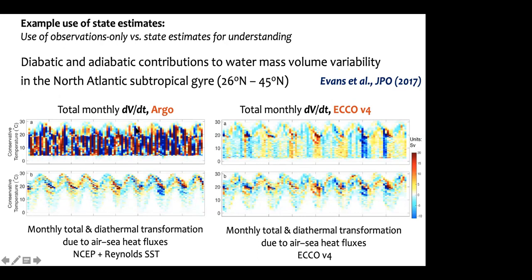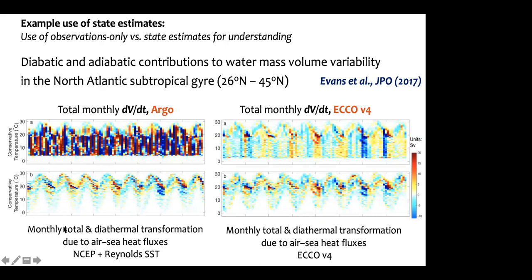So the answer is, even if the Argo data and the products are very good, what we're sometimes interested in is time changes, or very detailed budget calculations that involve time changes and gradients and so on. Once you get into the detail of those calculations, even these data become limited.